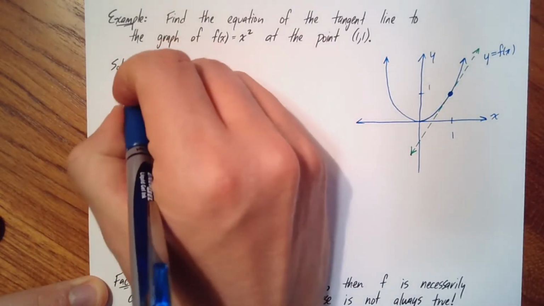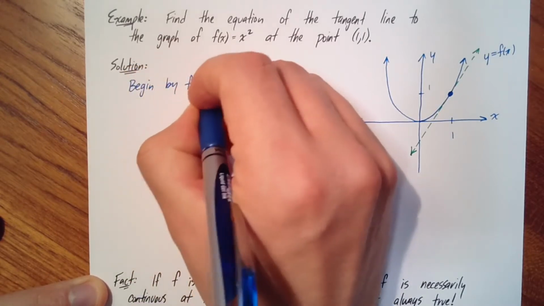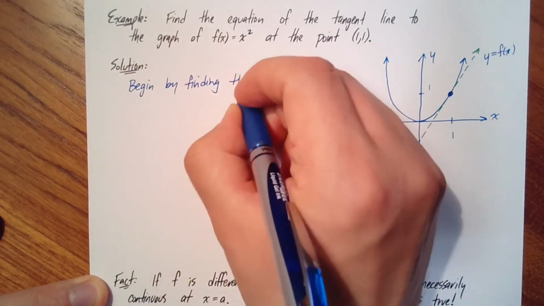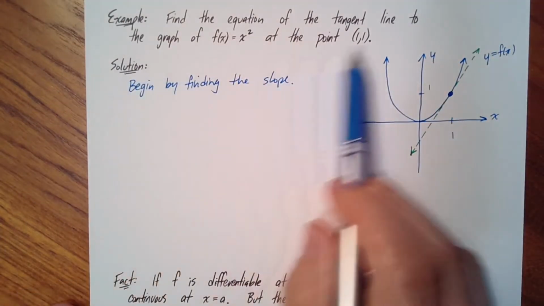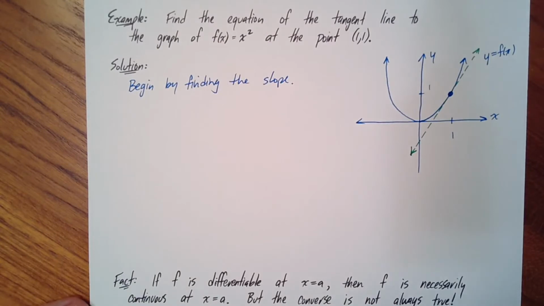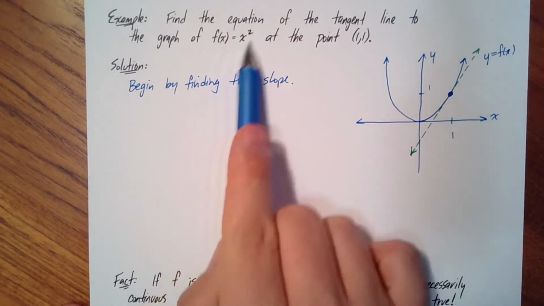So we're going to start by finding the slope. You're going to see this question, or questions of this form, lots in this course, and in particular in chapter 3. What will change is the type of function you're dealing with.